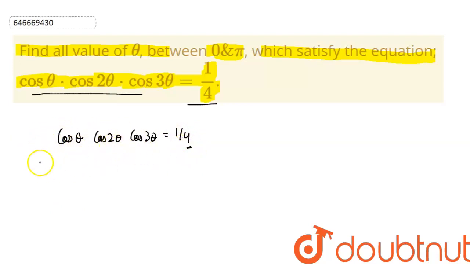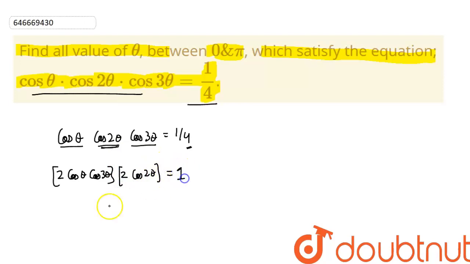If we cross multiply, we get 4 times this product, which can be rewritten as 2 cos theta times cos 3 theta, taking these two like this. After this we have 2 more left because it was 4, and we accumulate that 2 with cos 2 theta. So here we have 2 cos 2 theta, and this would be equal to 1.